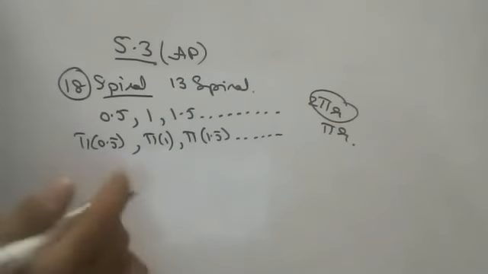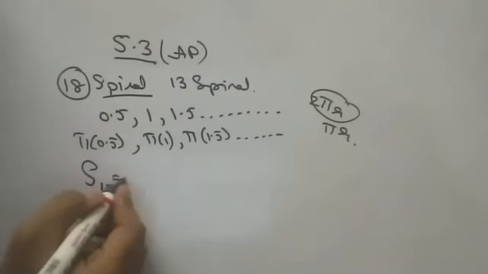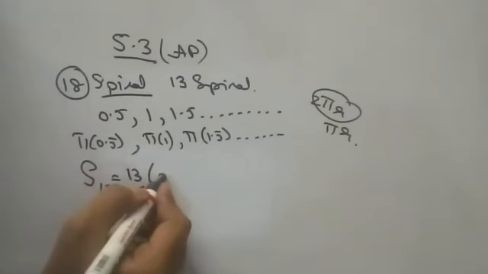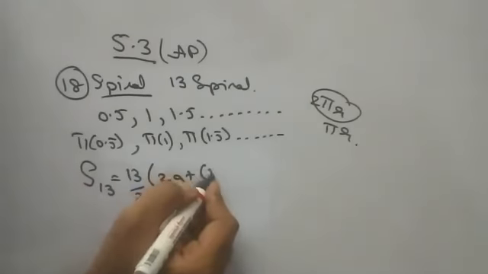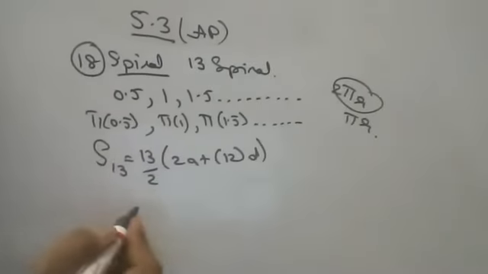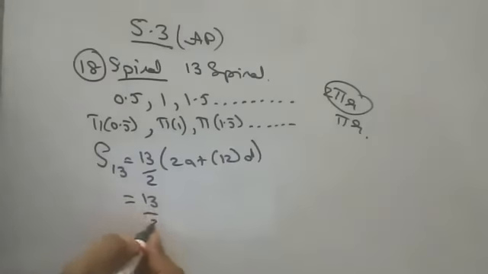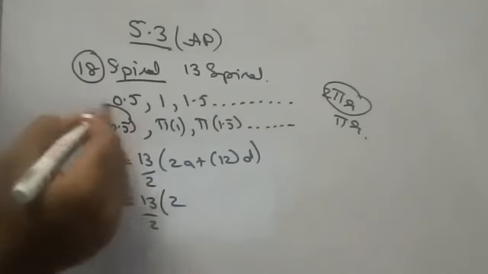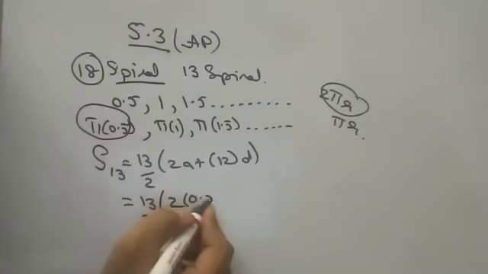13 semicircles are there. So S13 is equal to 13 by 2 into 2a plus 13 minus 1, 12d. Please, children, please concentrate. 2 into a is how much, children? 0.5 pi.